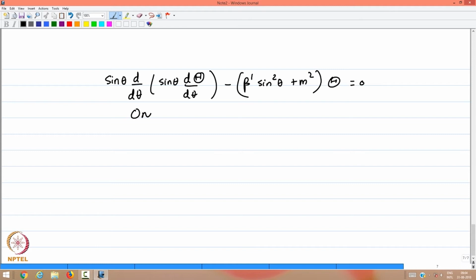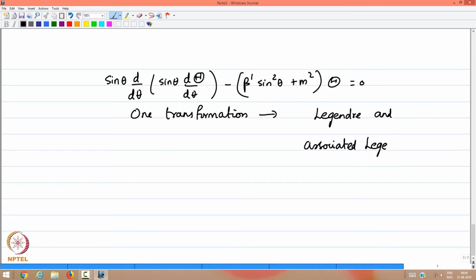One transformation we shall make to identify this to an equation which has been solved hundreds of years before, at least 150 years before, will convert this into what is known as the Legendre and associated Legendre equation, which was studied in mathematics earlier.